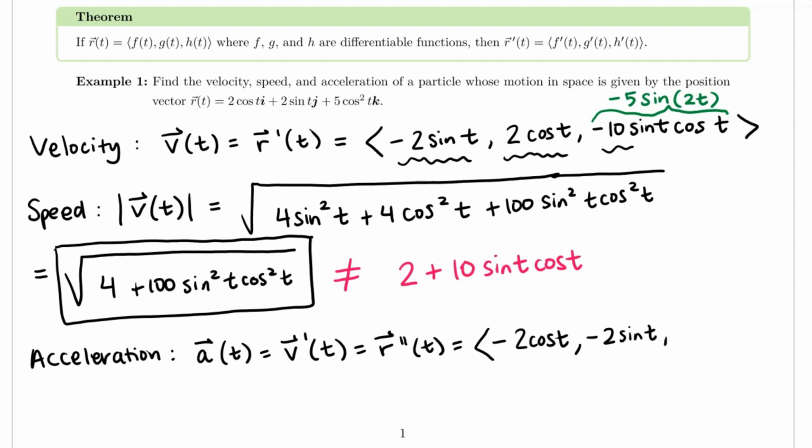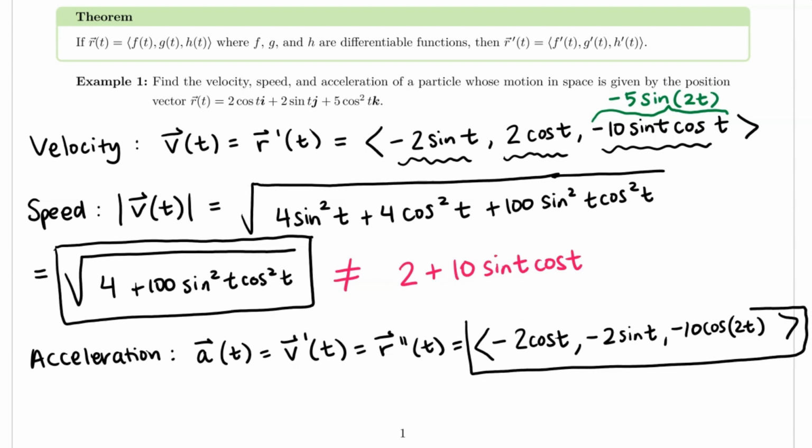And then the last derivative, we have negative 5 times cosine of 2t, and then I need to use the chain rule. So I'm going to multiply that by 2, and that would be negative 10. So there is our acceleration vector function.